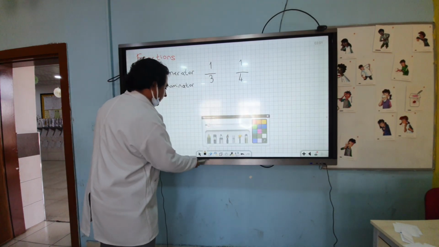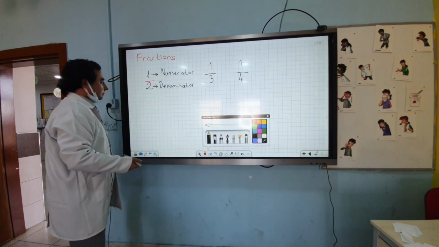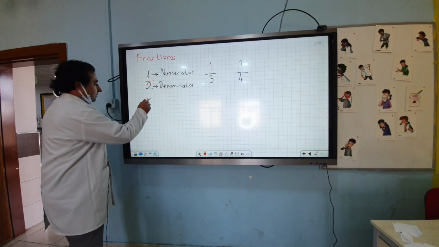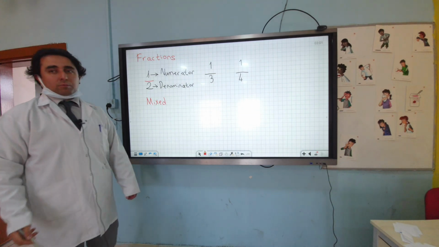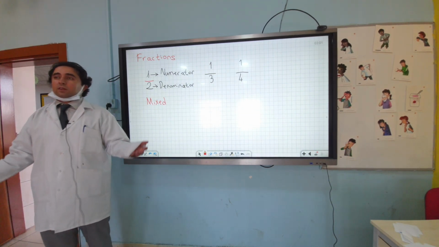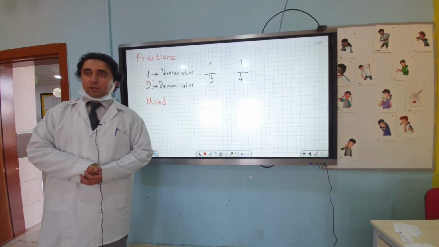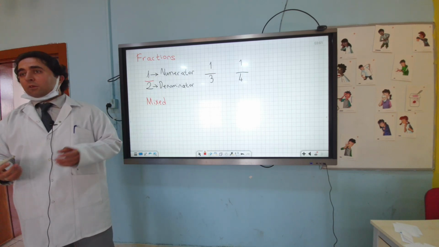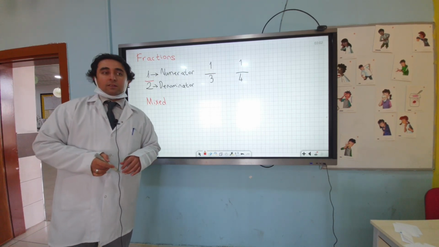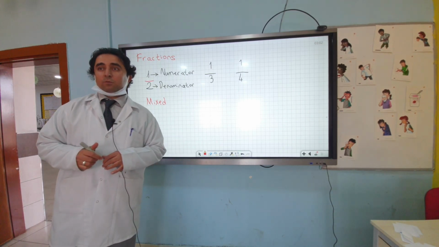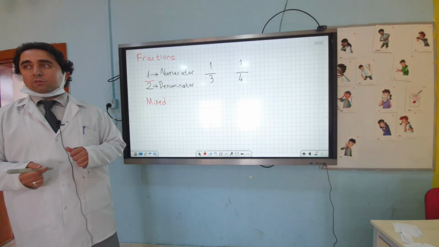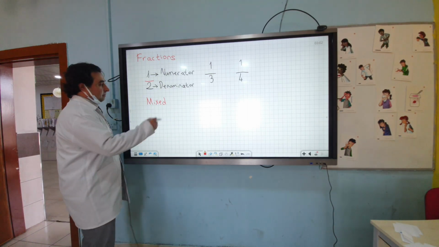And then we are going to write as a second title, mixed fractions. We are not going to write equivalent fractions in our notebooks. Why? Because we are not going to be responsible for equivalent fractions. You just have to know it exists, but you don't have to do a lot of exercises about it.